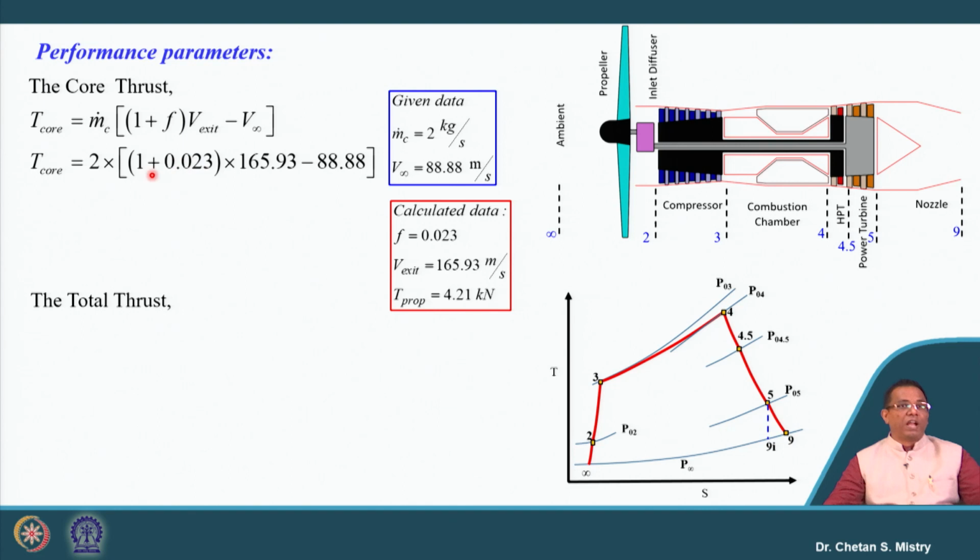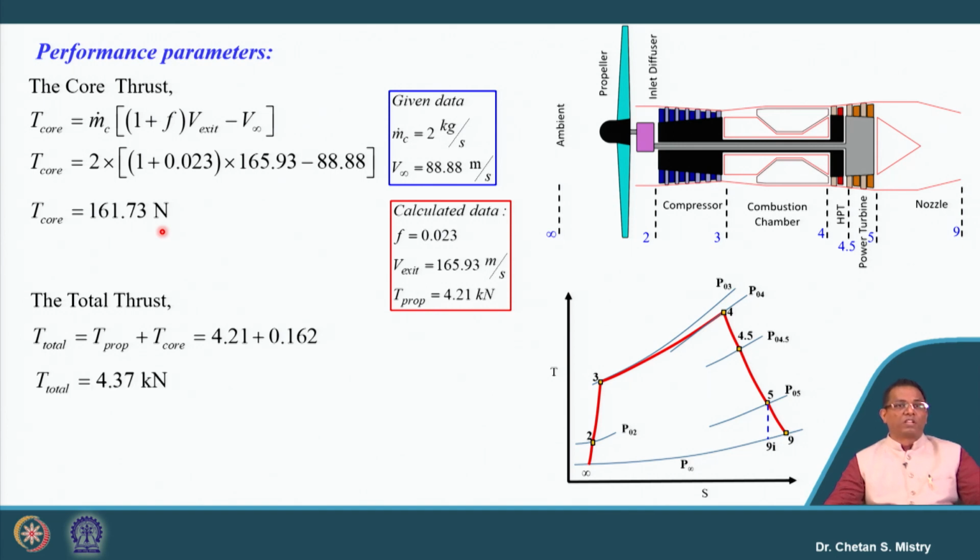If we put that, it is given by m dot core into 1 plus f, v exit minus v infinity. Okay, and if we calculate this number, it is coming to be 161.73 Newton, and total thrust we can calculate, that total thrust is coming to be 4.37 kilonewton.